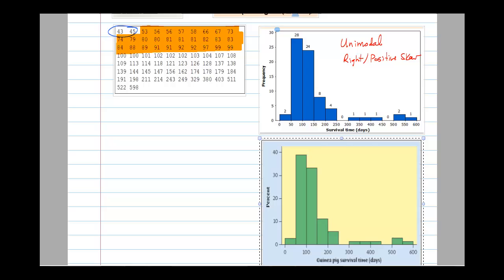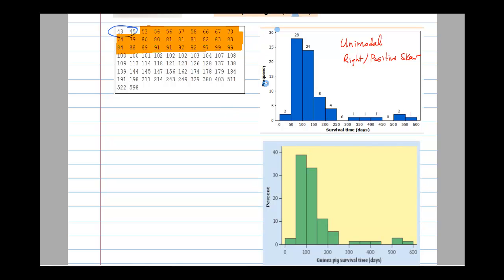So this shows us the frequency distribution, and then down here is the relative frequency or percent. And because I have the same classes and it's based on the same data, it has that same general shape. The only thing that changes here is, again, the vertical axis. This is percentages or relative frequencies, and these are their frequencies. Now there are two histograms of the same data set here using the same choice of classes.